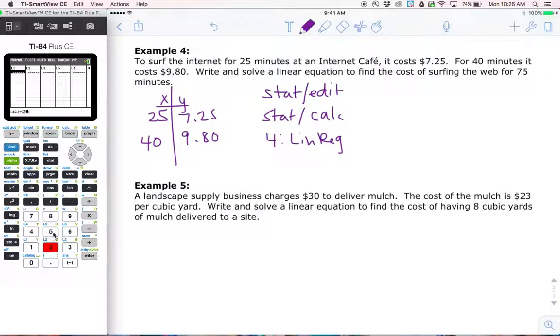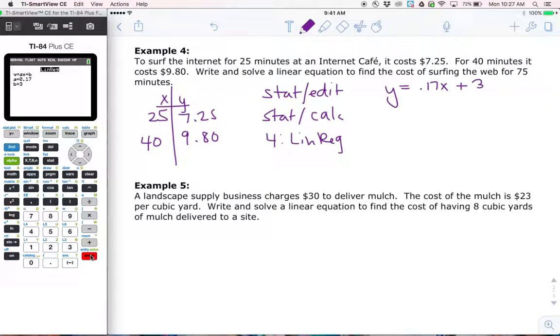So my x's are going to be 25 and 40, and my y's are going to be $7.25 and $9.80. Now I need to go stat calc. So stat, over to the right to calc, and I want option 4, linear regression. Keep clicking enter till you get your equation. So I'm getting the equation y equals 0.17x plus 3. That's what my calculator told me.